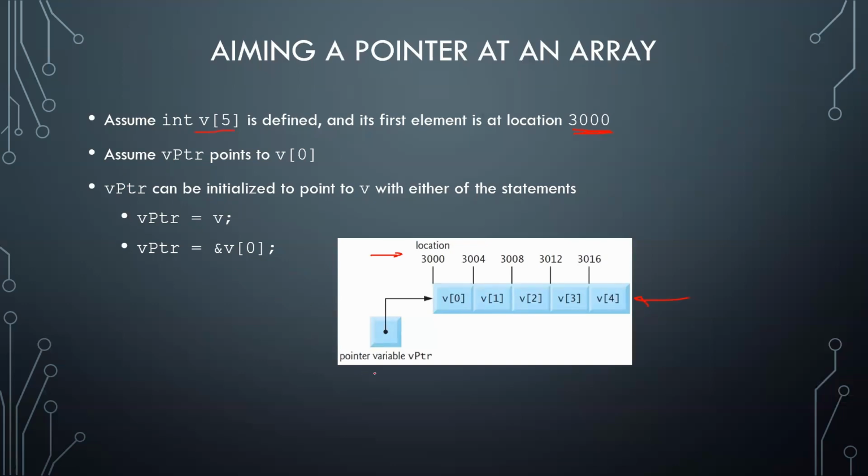Assume that V pointer is going to point to the very head of this array, so it's going to have the value of that 3000. We can initialize it in two different ways. We can either say V pointer equals V, because remember, that variable V points to the very head of that array. Or we can say that V pointer is equal to the address of the first element. They both mean the same.